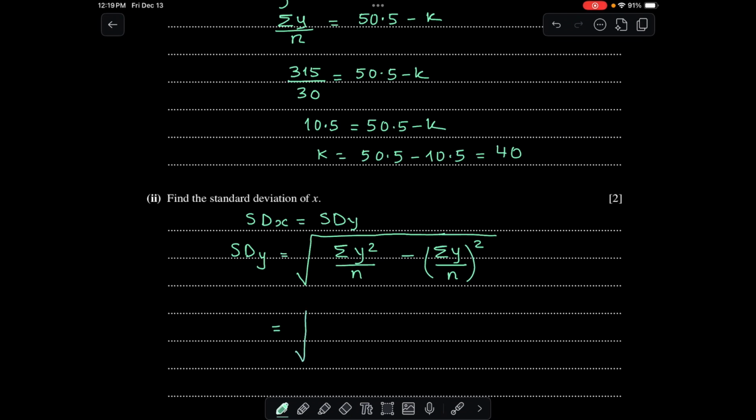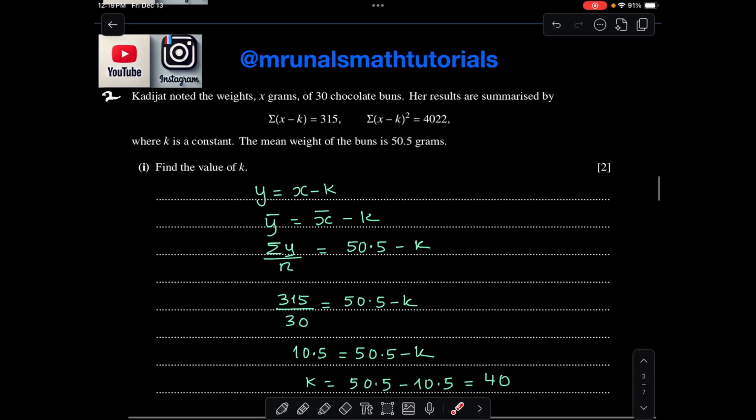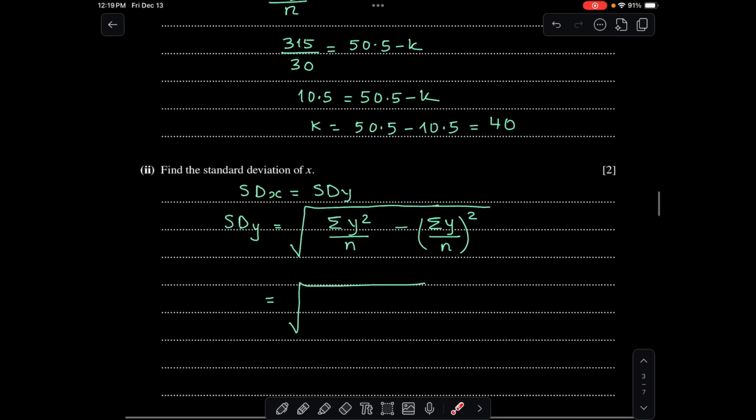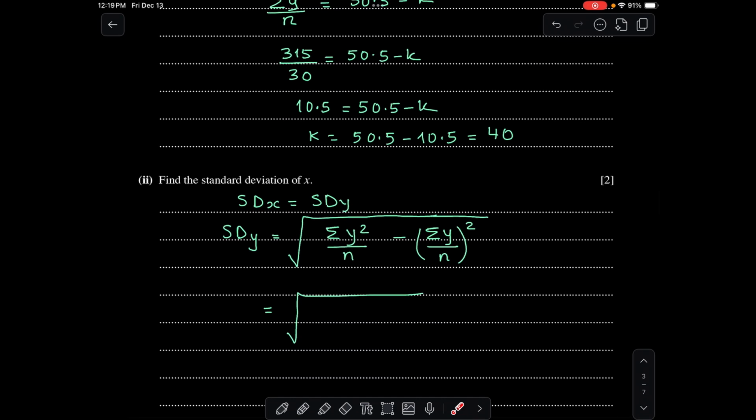So sum of y squared, which is given to us in the question, is 4022, and sum of y is 315. So here we have 4022 divided by n minus 315 divided by 30, all squared.